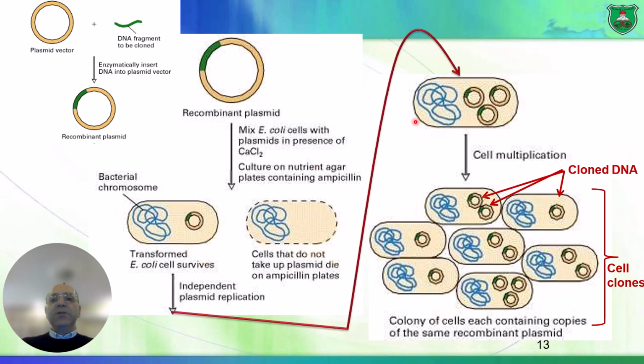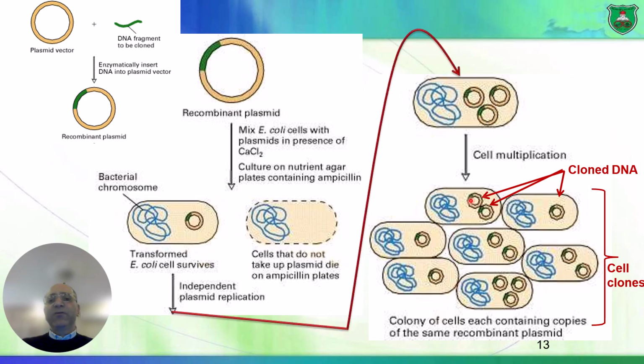Now we can multiply these bacteria, we can grow these bacteria, and let's say that we do the inoculation at 4 p.m., 4 in the afternoon. We let bacterial cells grow overnight. We're going to have millions of bacterial cells after like 16, 18 hours.